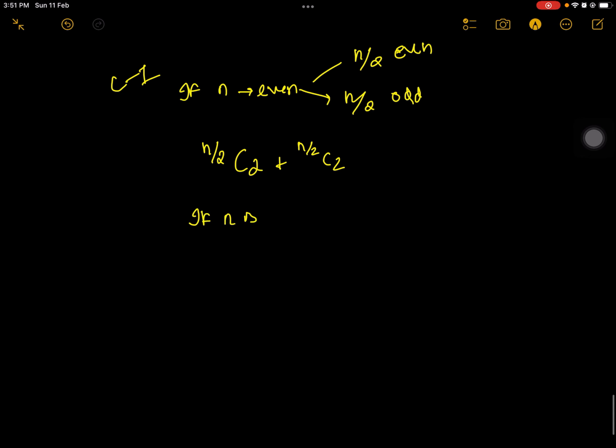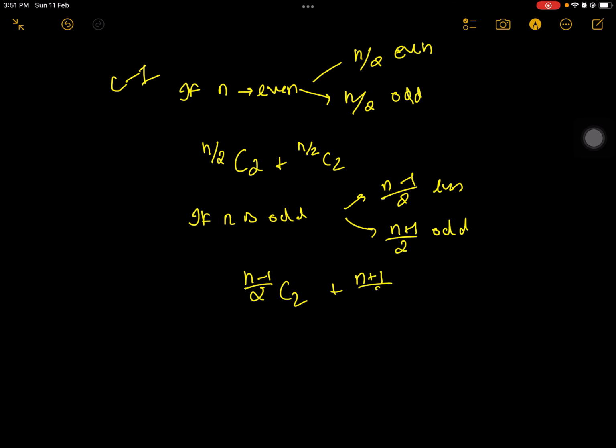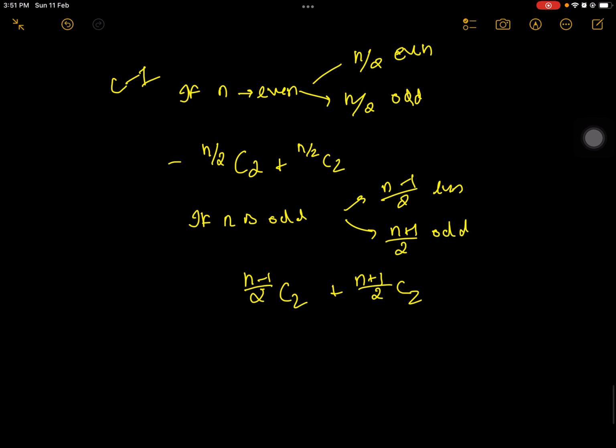If n is odd, then n minus 1 by 2 even numbers and n plus 1 by 2 odd. So again just write that. That's the answer. So if it's for evens, the answer. If it's odds, the answer.